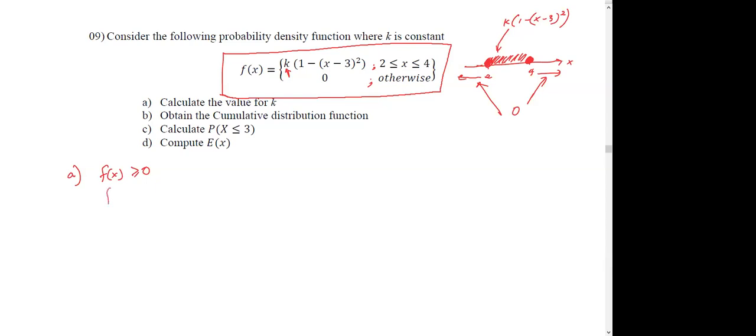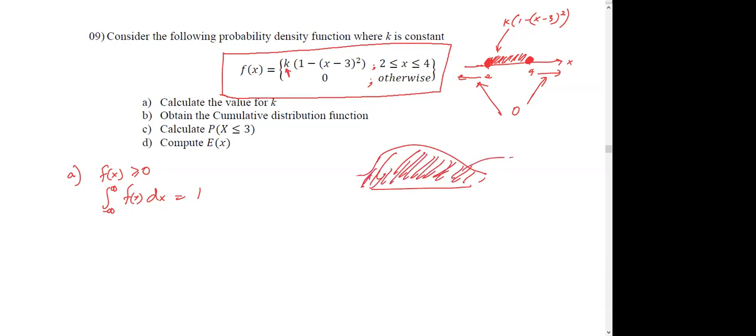The other one is the integral from its beginning to end, say from negative infinity to positive infinity, of f(x) dx, which means the summation equals 1. The area under the curve equals 1. These are the properties of this kind of distribution, a continuous distribution.